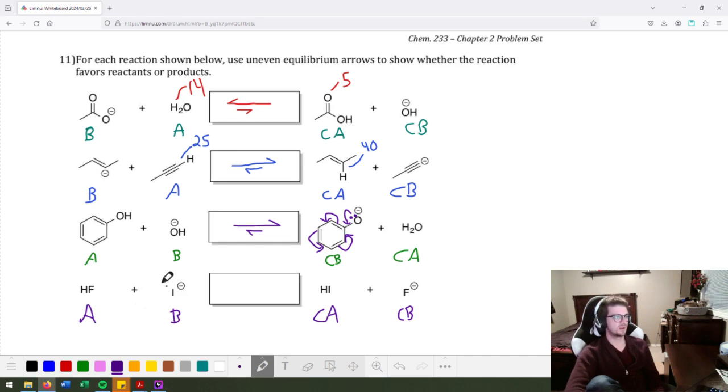So the extra electron in iodine is going to be in the, not even 4, this is going to be in the 5p orbital, and the extra electron in fluorine is going to be in the 2p orbital. So the fluoride is much smaller, which means that negative charge is much less stable.